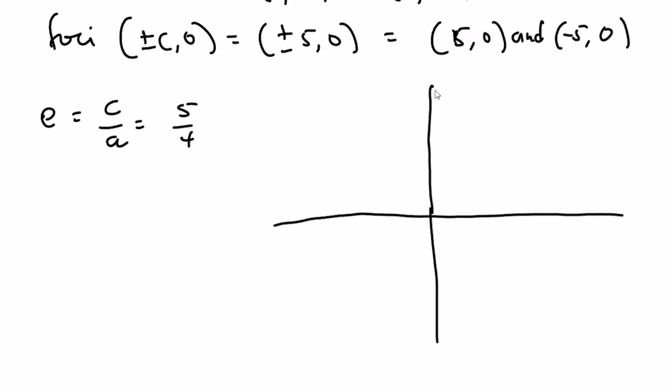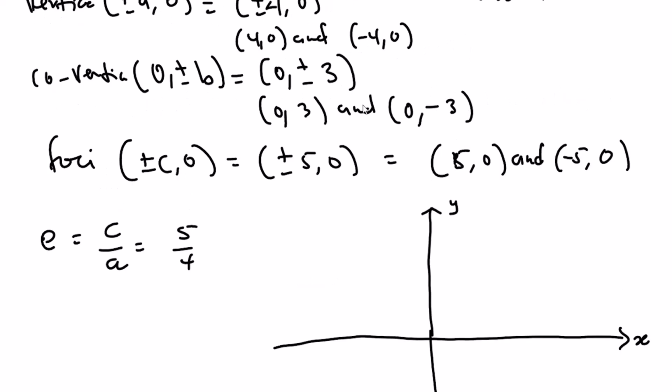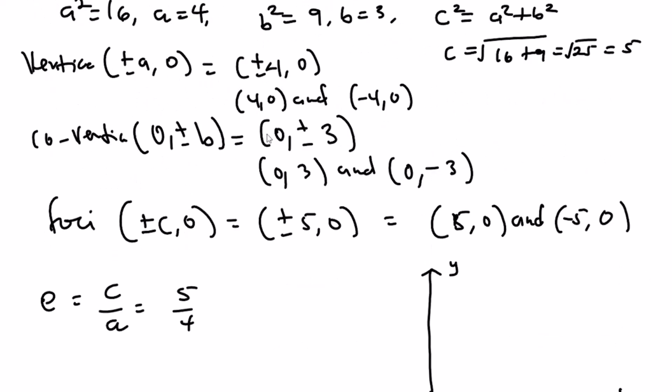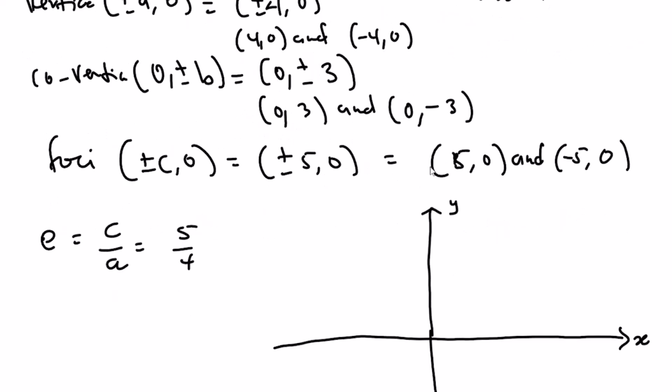We said from the equation that this one lies on the x-axis, so it's going to fall here. Let's see from the vertices how it is going to be. Now the vertices we have are (4, 0) and (negative 4, 0).